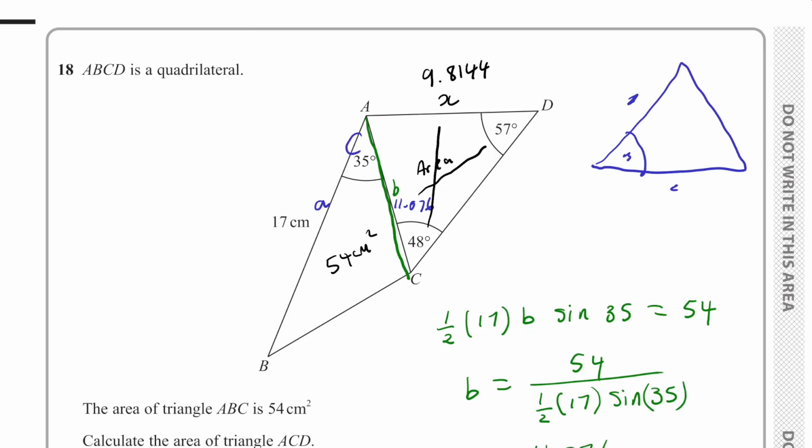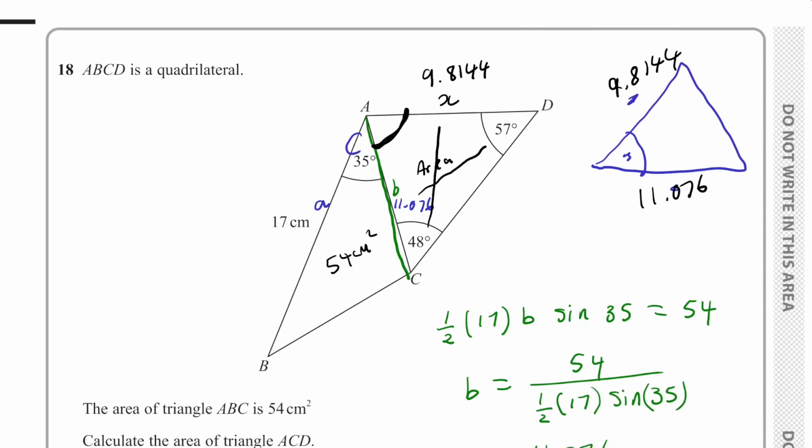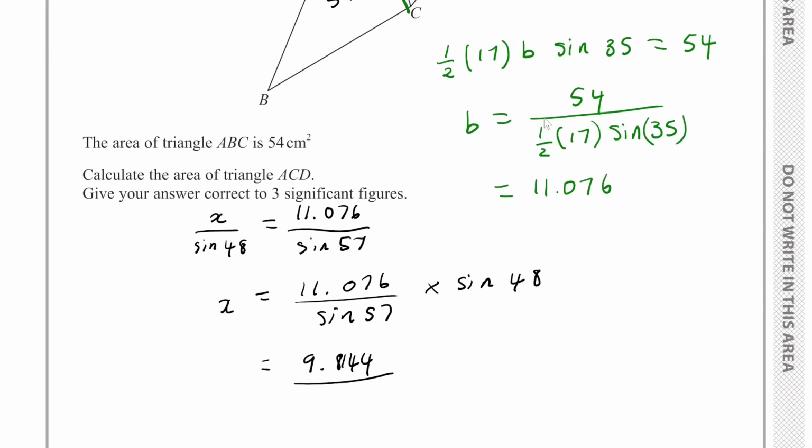At the moment, we've got 9.8144 and 11.076, but the angle in between them, we don't know. But we can use the angles in the triangle add up to 180. So 180, take away 48 and 57 is 75. So it's 75 degrees.